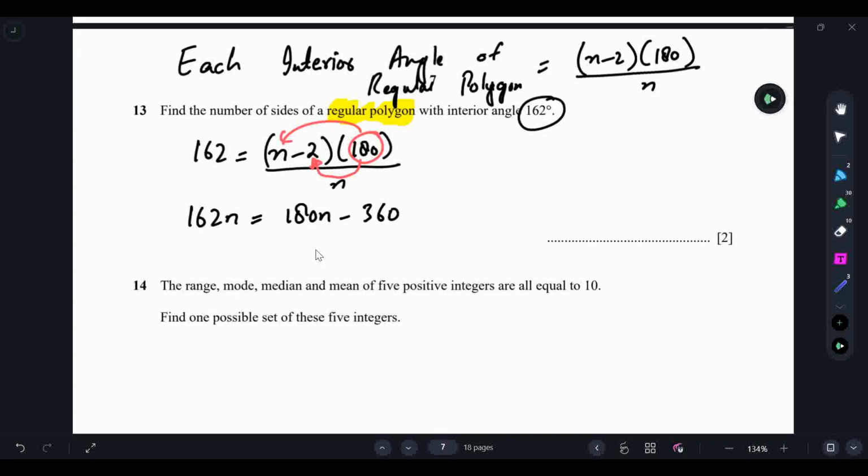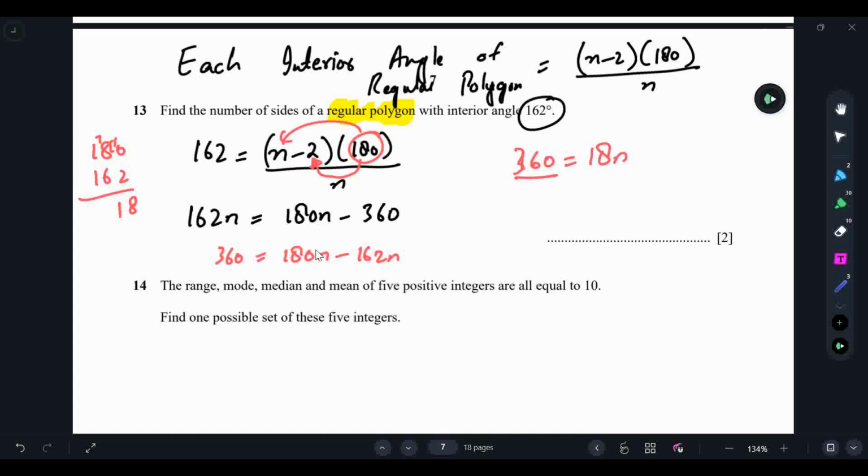Now if we rearrange it, this will be 360 is equal to 180n minus 162n. So 180 minus 162, if we simplify, this will be 18. So 360 is equal to 18n.